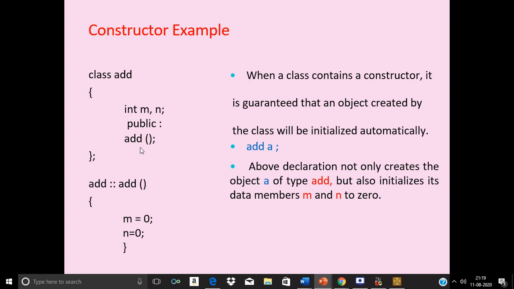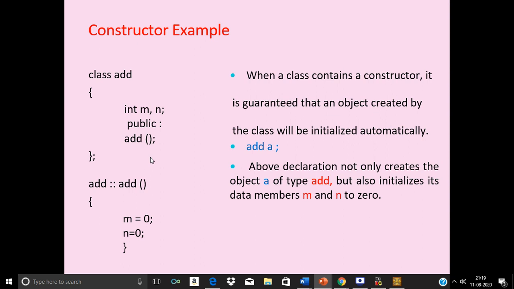In public, I am using one function with the same name as the class name, that is add. So I can call this the constructor. Whenever I want to define this add constructor within the class, here I can define its body.